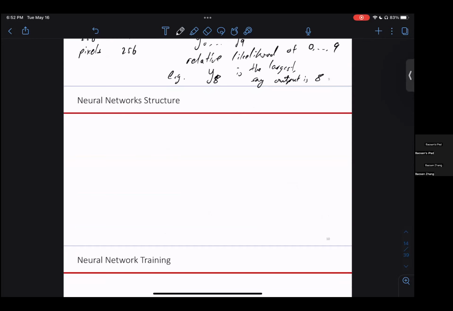A neural network structure is specified by many things. The structure is a topology: how many layers, and how many neurons per layer.